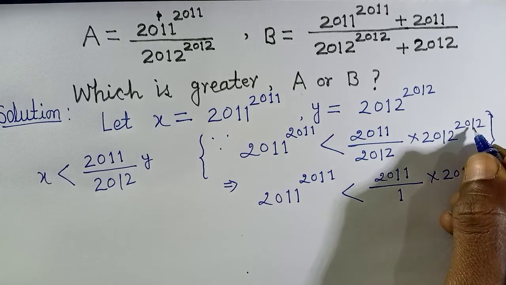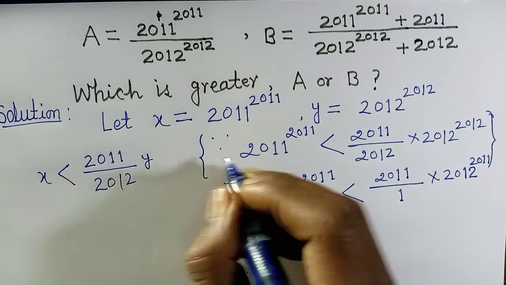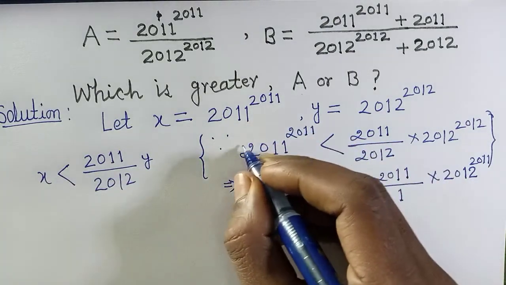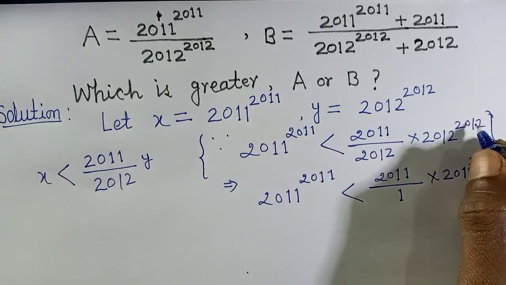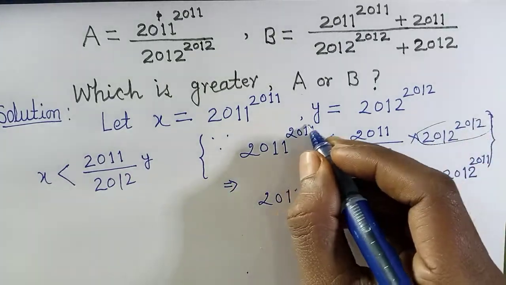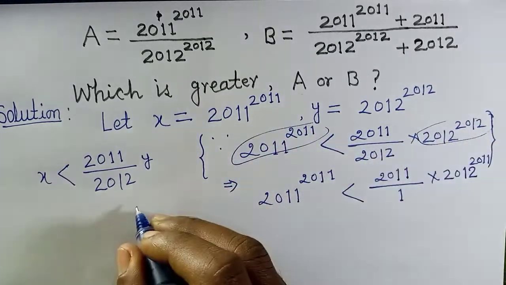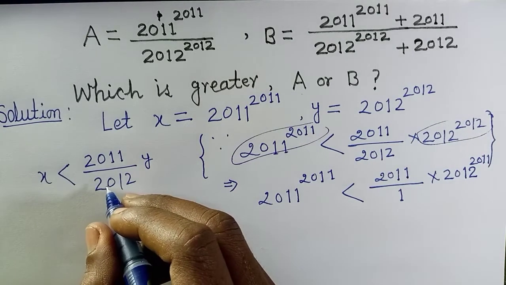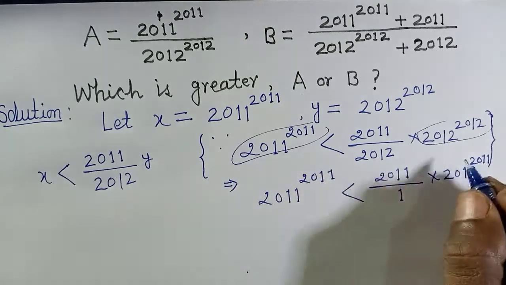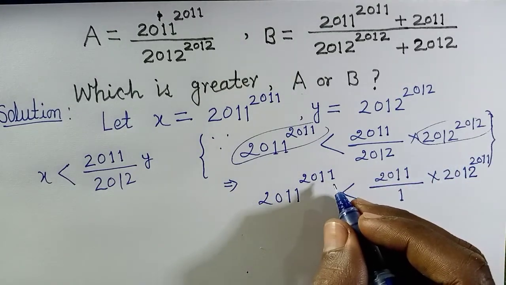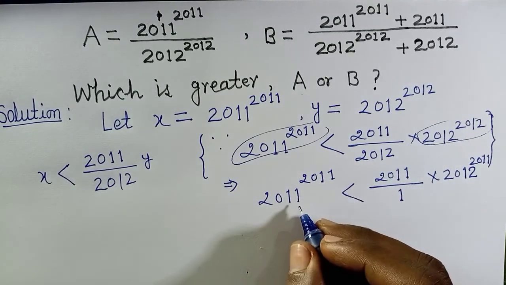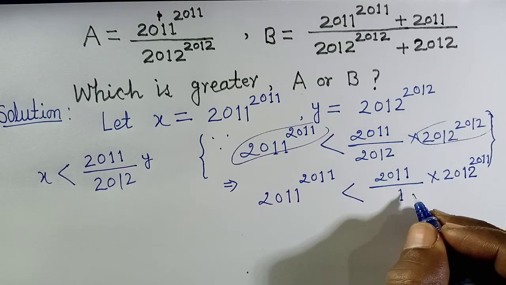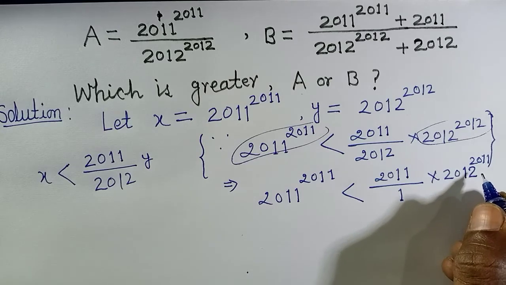By substituting the values of x and y, we get this inequality, and from here we get 2011 to the 2011 is less than 2011 times 2012 to the 2011.